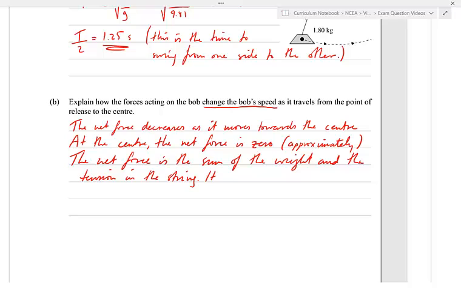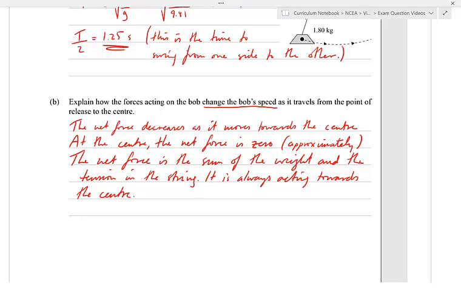It is always acting towards the center. So now we've said everything we need about the force, I think. So we have said that the net force is decreasing as it moves towards the center. It's always acting towards the center.